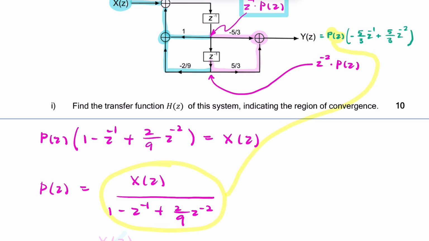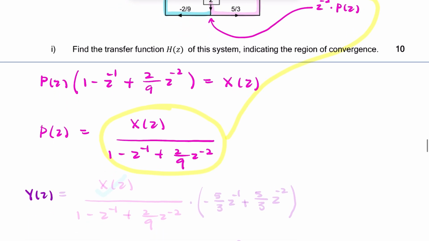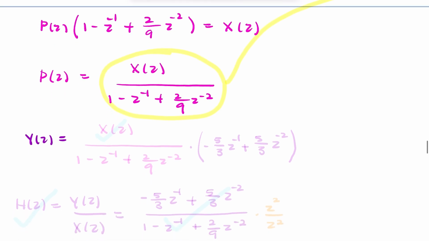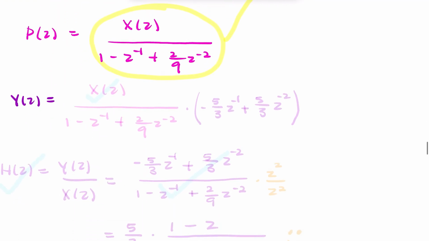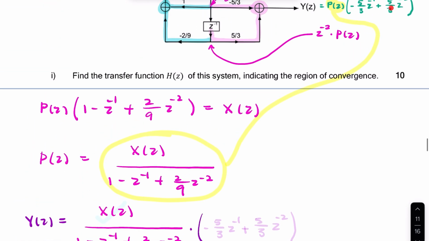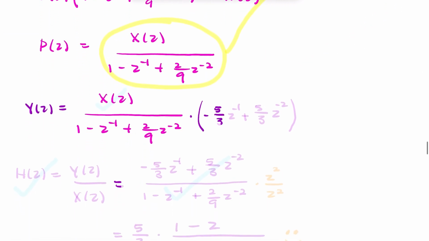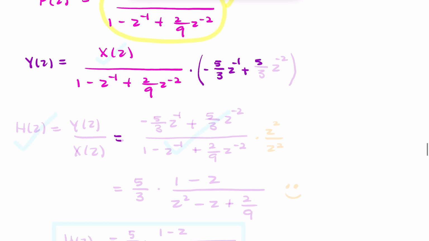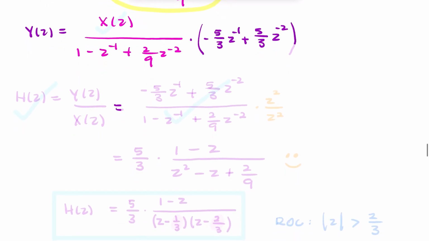So I can now say Y of z equals, and I'll take this expression as it is, and I'm going to multiply that by minus 5 over 3 z to the minus 1 plus 5 over 3 z to the minus 2. And then multiply that by X of z.